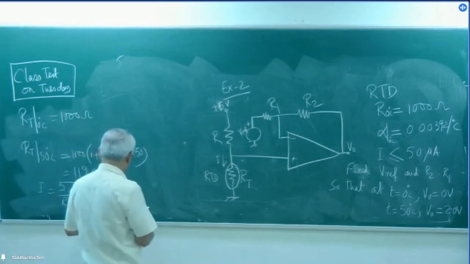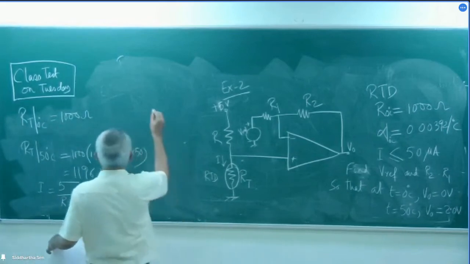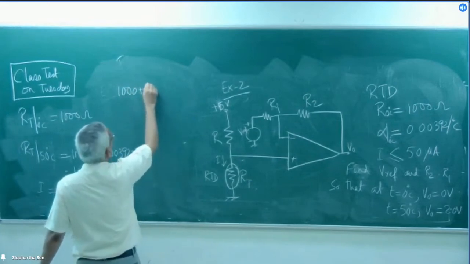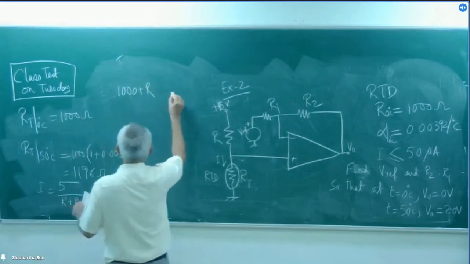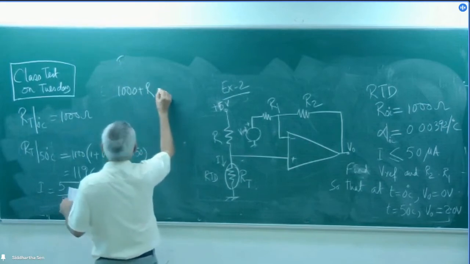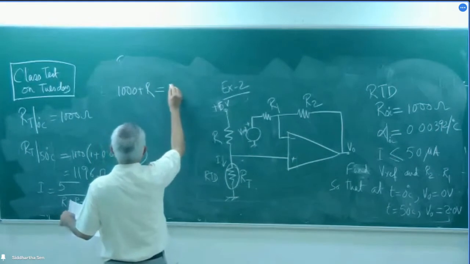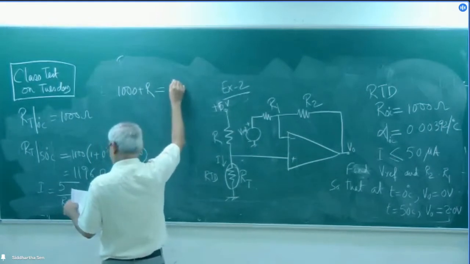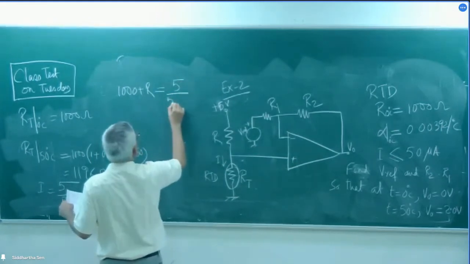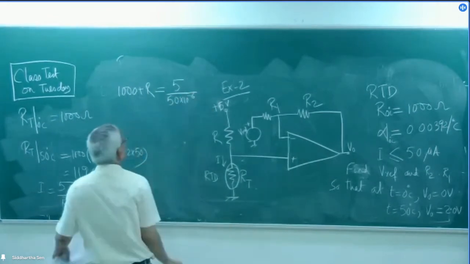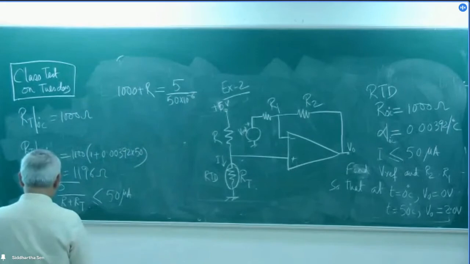So we can say that 1000 plus R should be equal to, at the extreme end, 5 divided by 50 into 10 to the power minus 6. So that is the limiting value there.